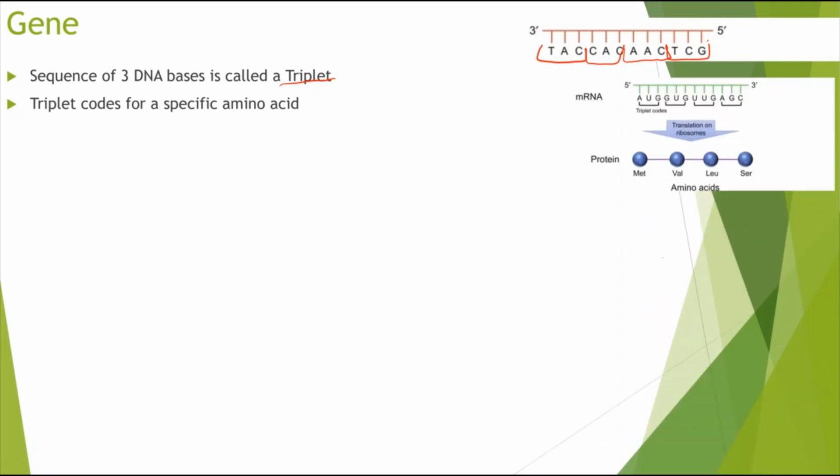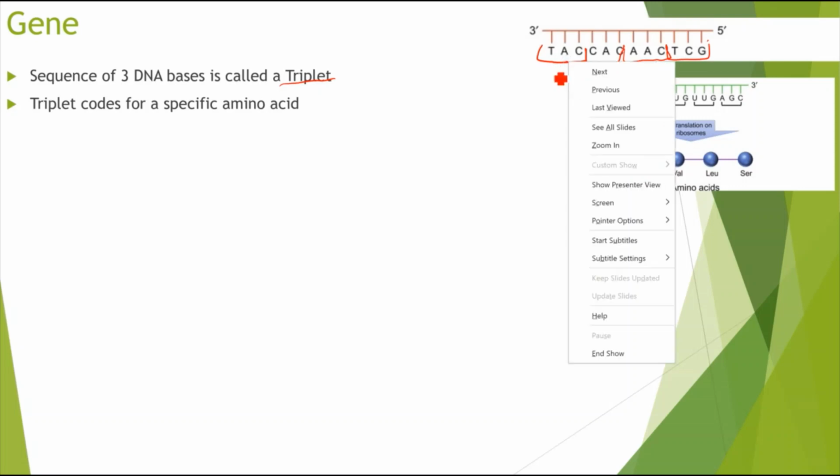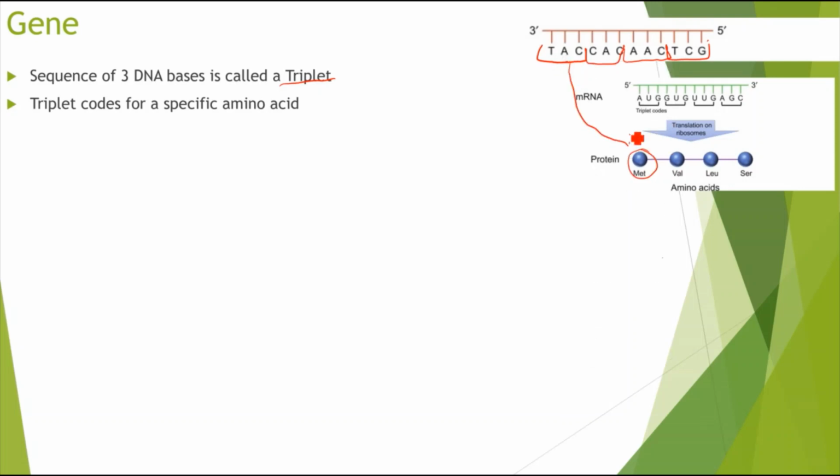What happens is that the DNA is transcribed into mRNA, and then it's translated into these individual amino acids. So the triplets, for example TAC, would turn into a specific amino acid.